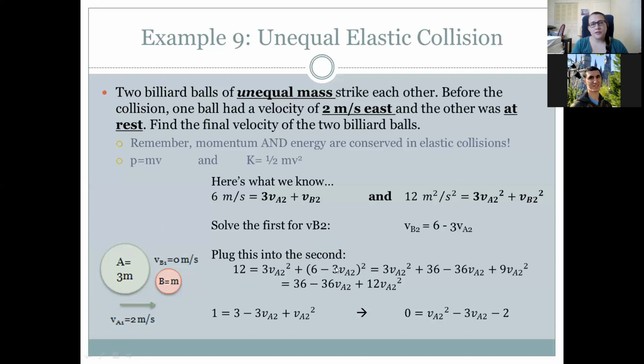I don't know if you guys called it the FOIL method when you took Algebra 1 in school. But if you want me to write out how we square this term in the parentheses, I can do that when I post these notes to Canvas. I can show you that intermediate step if you need me to.